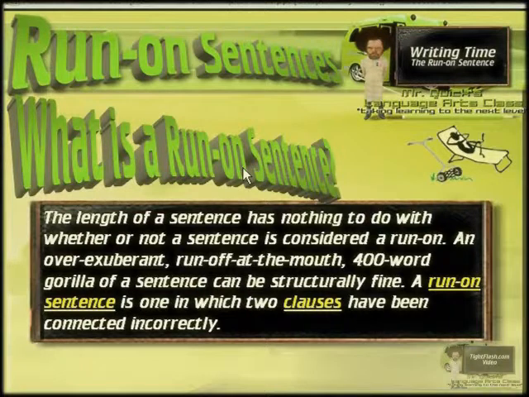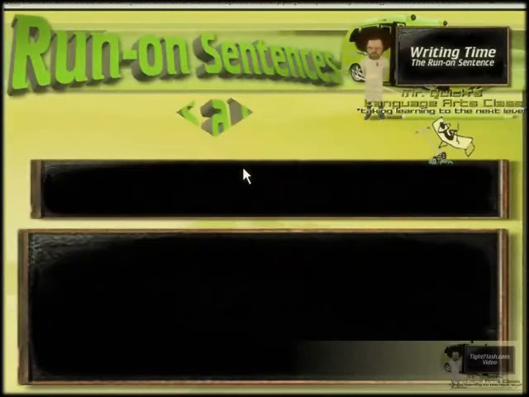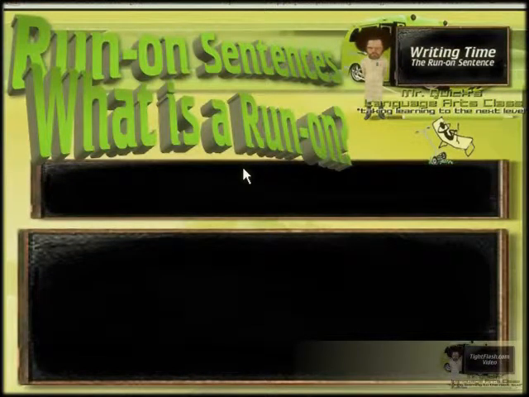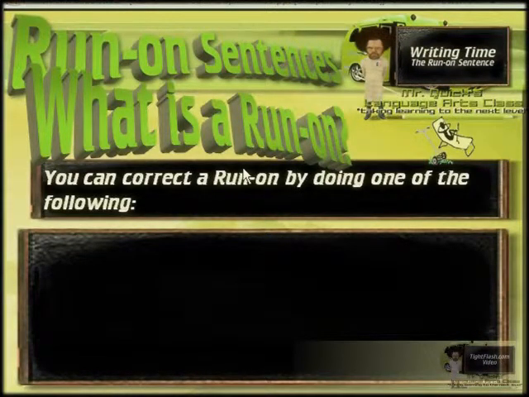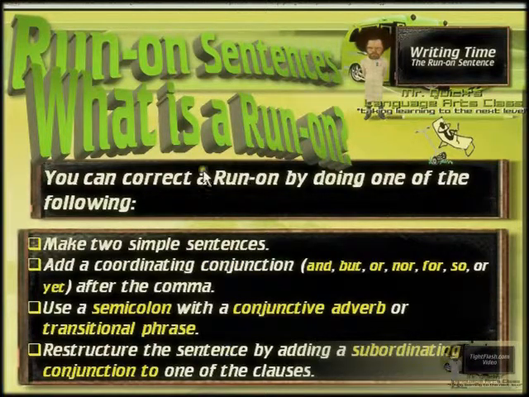I think the most important thing to note about the run-on is that you do have two independent clauses being connected incorrectly. So let's go into a little more detail here. Without actually going into what is a run-on sentence, I'd rather deal with how to correct it.